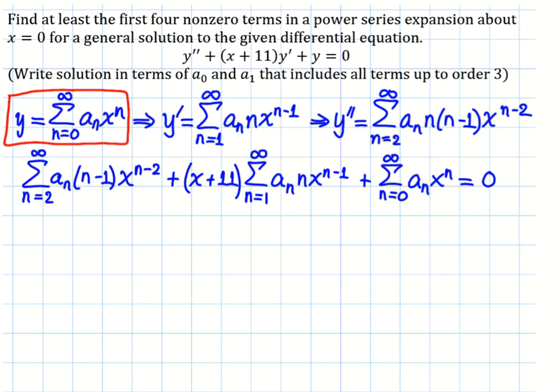And then I will multiply x into the middle series and then 11 to the middle series. Just rewrite the rest of the problem.